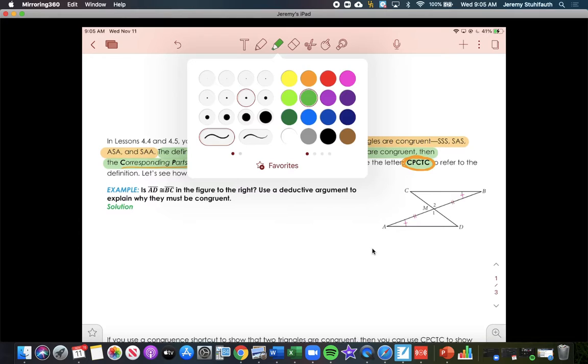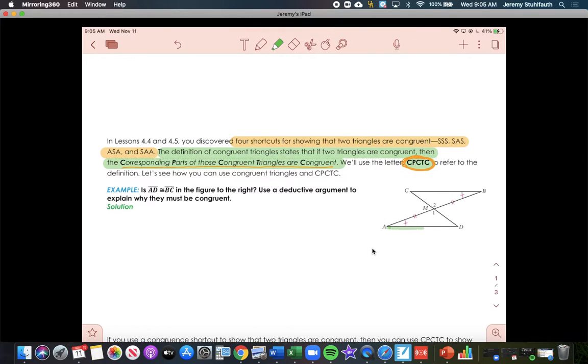So it's asking, is AD, this base side right here, congruent to this side up here, BC? There are no congruency markings on it, so we have to use information that's given in this picture in order to figure out a deductive argument about why they must be congruent.